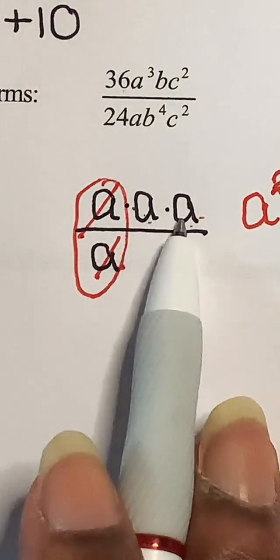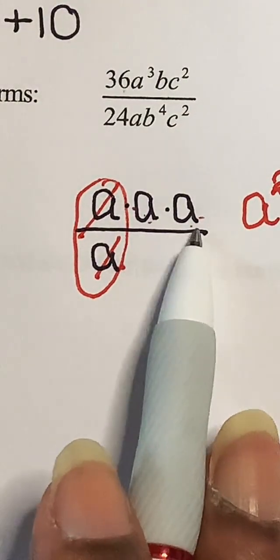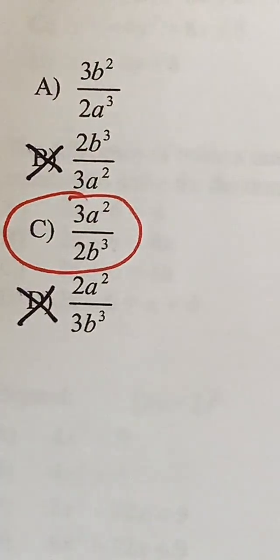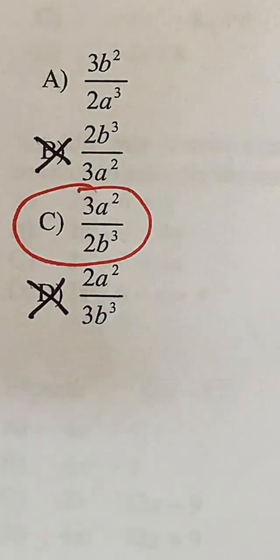There's 2 of them. And that's represented with a squared. So as soon as I get that, I'm going to my answer choices. This one, the a is not in the numerator, and it should be, because we have 2 of those a's left in the numerator. So my answer should be C.